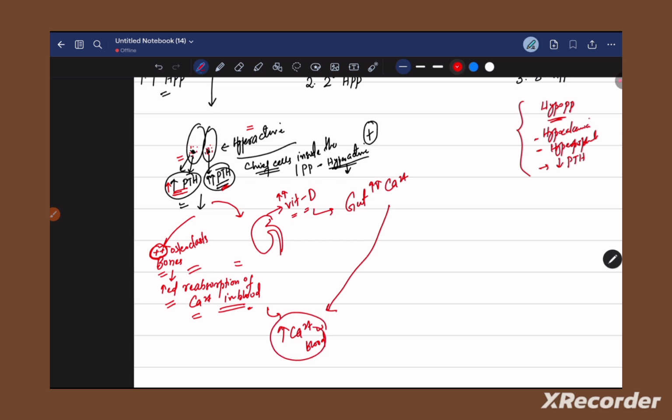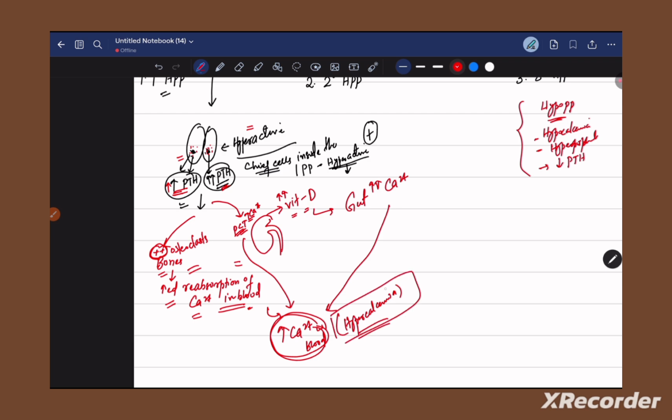The second one is that PTH directly acts on the proximal convoluted tubule of the kidneys. There it causes the absorption of calcium. So increased PTH means increased absorption of calcium in the proximal convoluted tubule, which will also increase the calcium in the blood, meaning there is hypercalcemia.